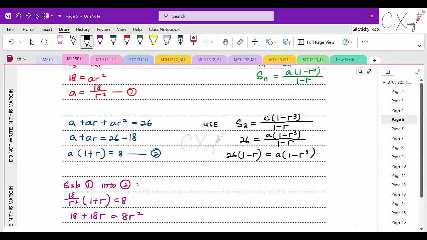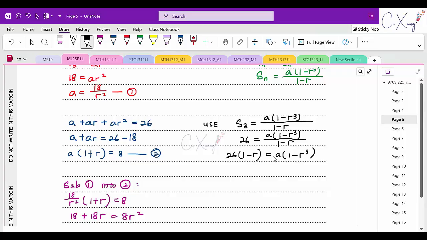I'm not going to continue, but I will just show you here. If I try to use the sum formula as the second equation, you will see that the second equation I get here is comparatively simple compared to this one, because in this equation I'm having R power 3. If I have R power 3, when I substitute A equals 18 over R squared, I will get an even more complicated equation.